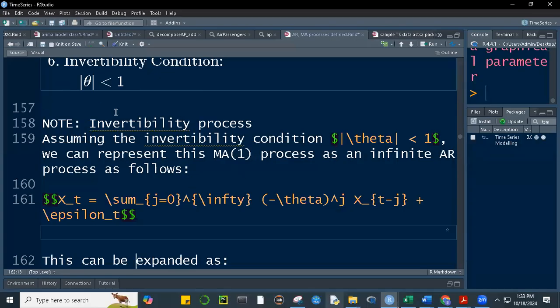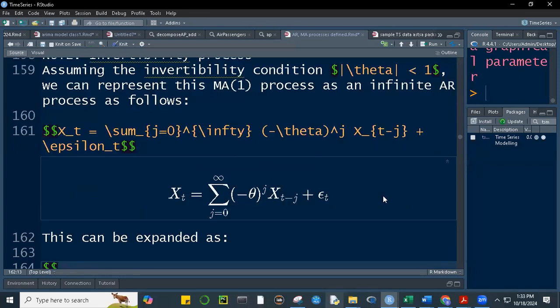Now this means, class, that if the absolute value of theta is less than 1, which means that it's indeed an MA process, then we can actually invert. We can convert or invert the MA process into an AR process. So the MA process and the AR process are related to each other. So take a look at this. The model x sub t will still be a function of your theta.